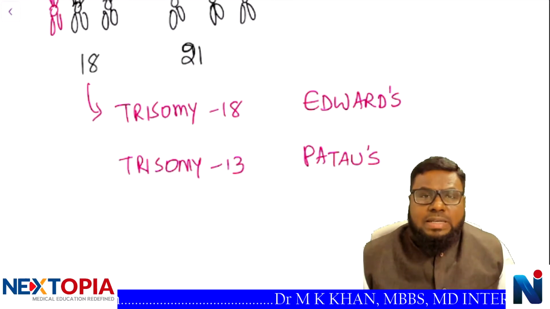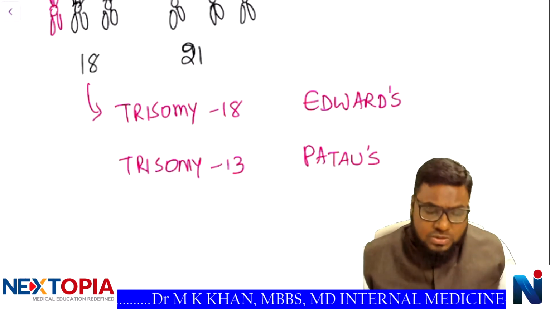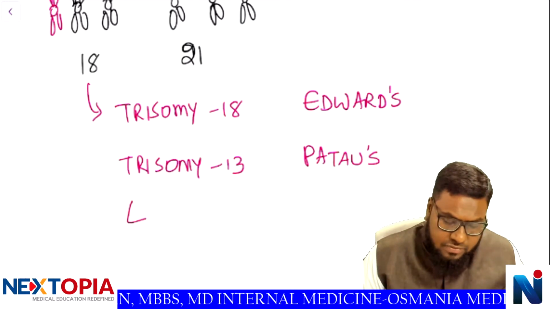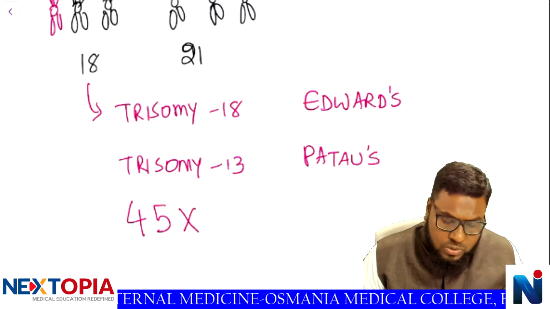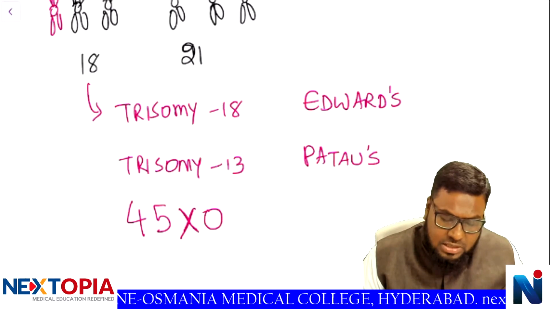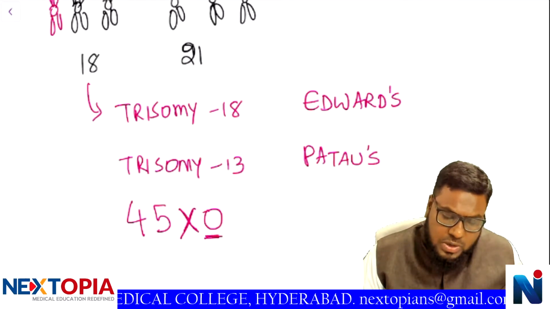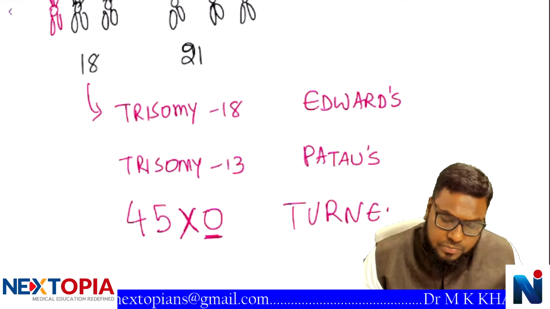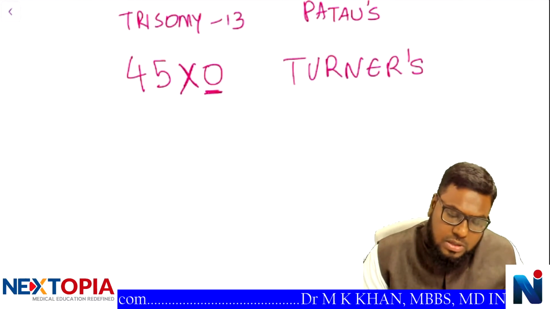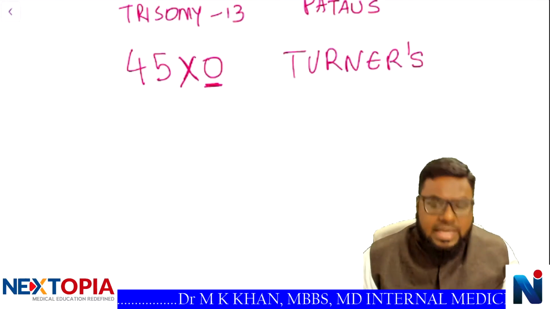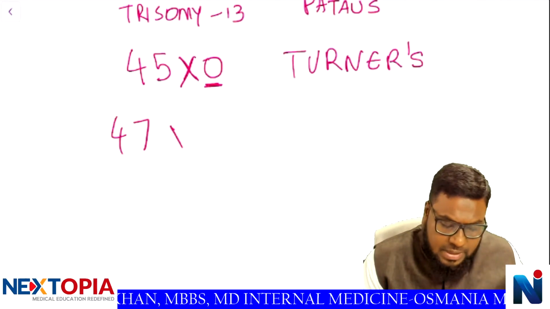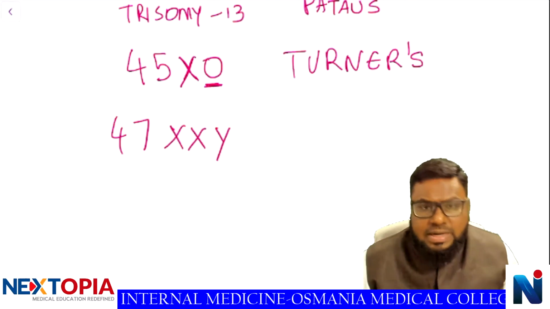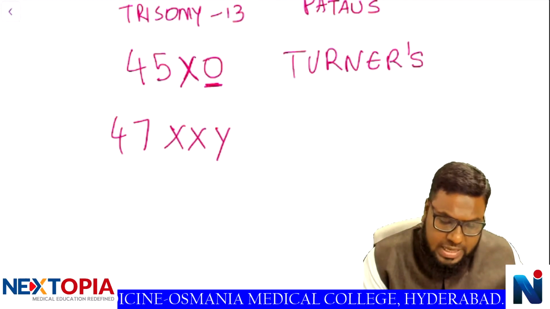Then sometimes there is absence of a sex chromosome, that is 45 XO. Instead of 46 XX, we have absence of a chromosome. So you call it 45 XO. This is Turner's syndrome. Next we have 47 XXY.